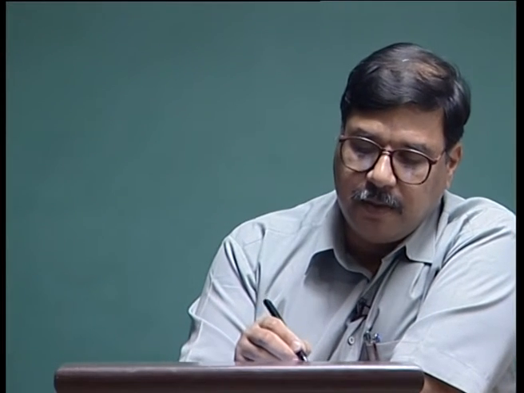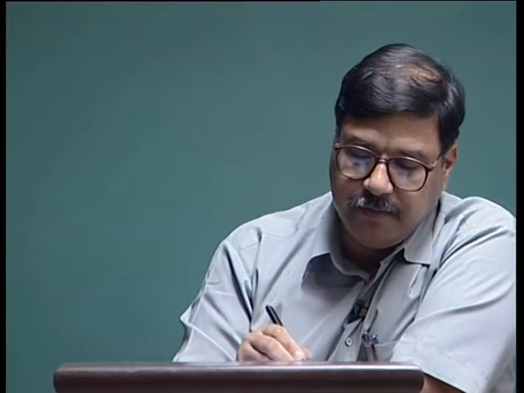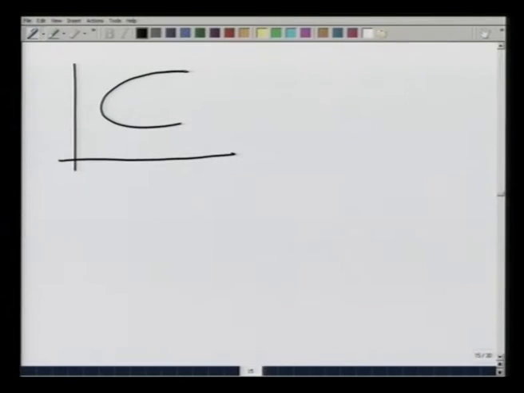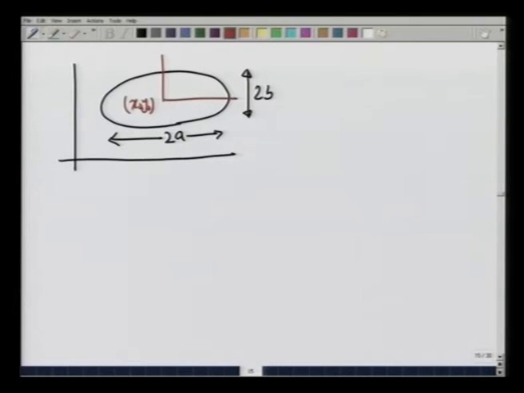As an example of the application of the transfer theorem, let us take the case of an ellipse with its length being 2a and this being 2b, with its centroid at point x 0 y 0, and calculate its second moment of area and product of area with respect to the x y axis shown here.